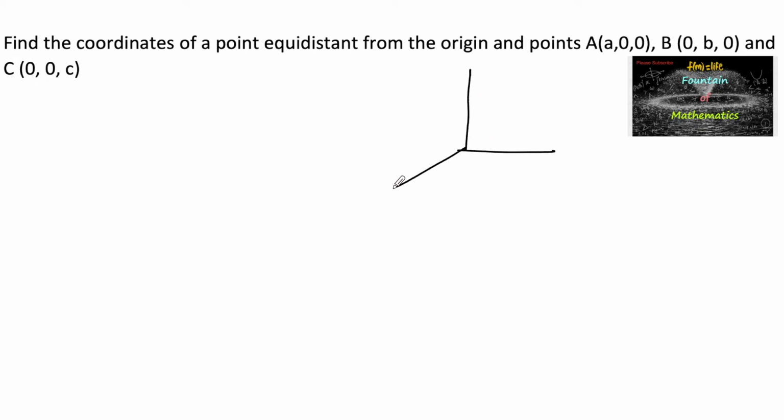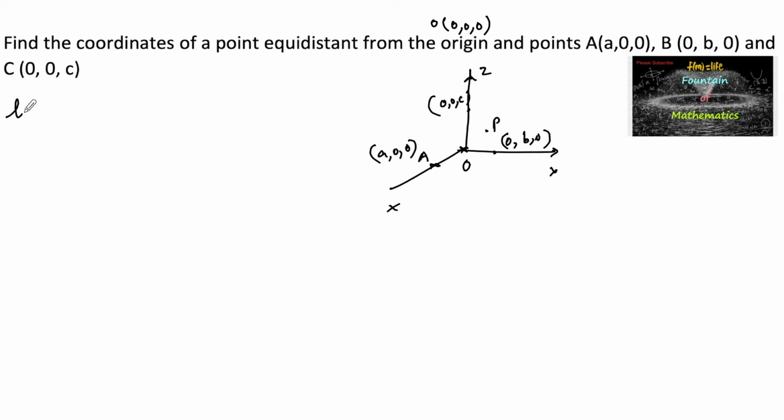So there is a point P which is equidistant from the origin, that is (0, 0, 0), and point A on the x-axis (a, 0, 0), and point B on the y-axis (0, b, 0), and point C on the z-axis (0, 0, c).